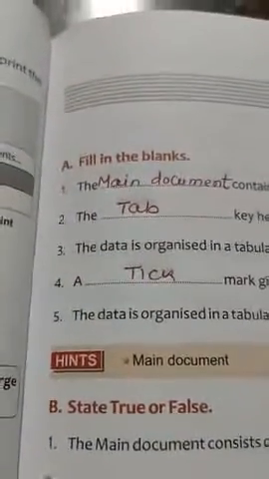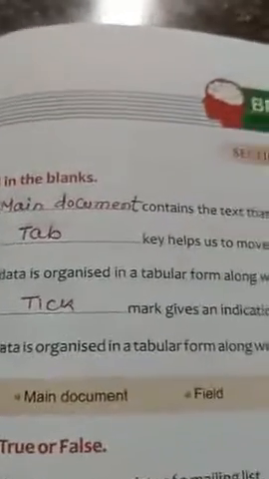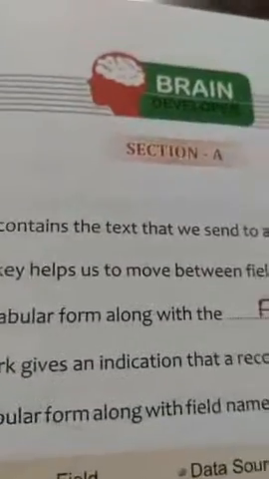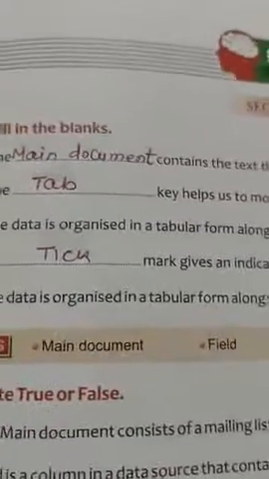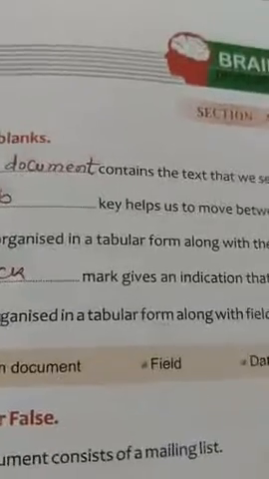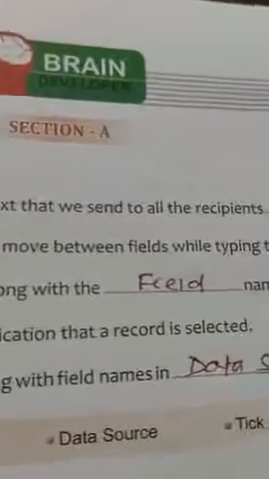Now fill in the blanks. First, the main dash contains all the text that we send to all the recipients. Answer is main document. Second, the tab key helps you to move between the fields while typing the data.